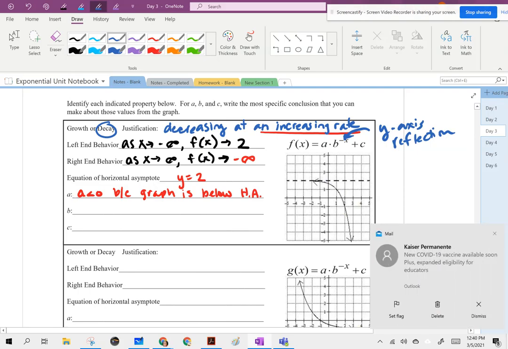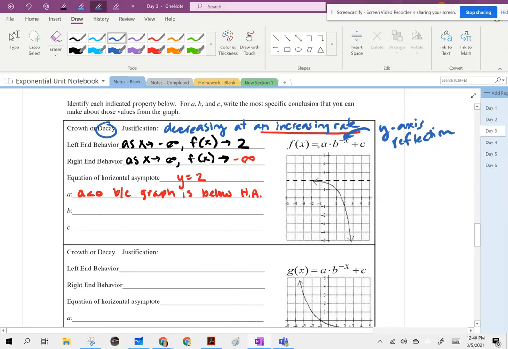The fact that A is also negative shows you that there are 2 reflections. So the B value still is between 0 and 1. So 0 is less than B is less than 1 because there are 2 reflections and it's decay. Remember, the equation had the first reflection and then A was the second reflection.